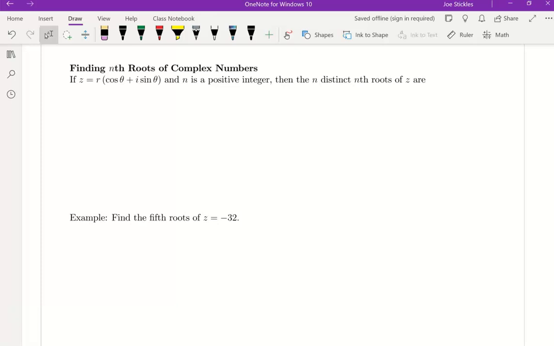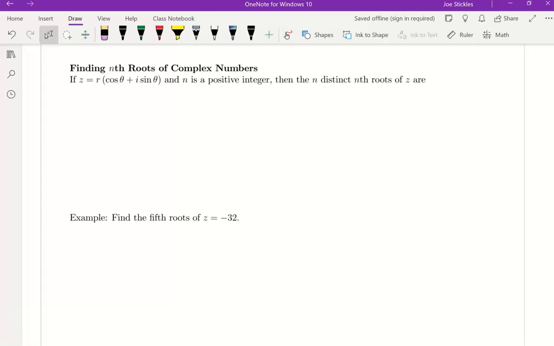So we're going to work in reverse. Notice that when we took a complex number in polar form and raised it to the nth power, we multiplied the angle by the power, didn't we?